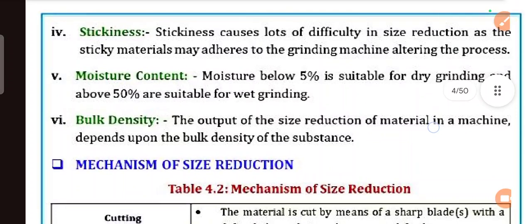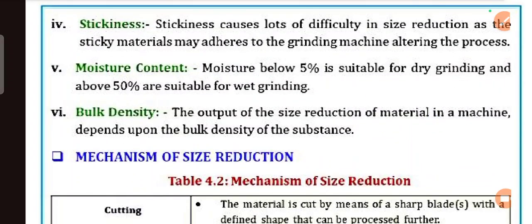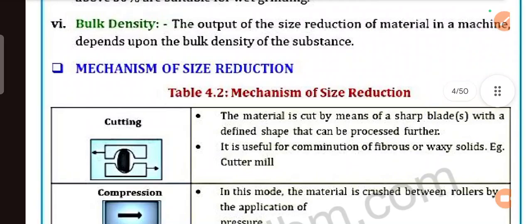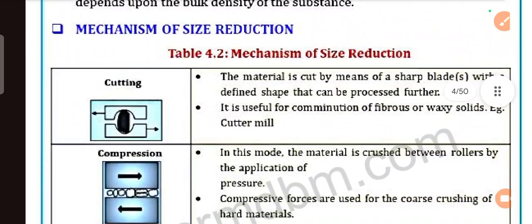Moisture content. Moisture below 5% is suitable for dry grinding and above 50% is suitable for wet grinding. Bulk density. The output of the size reduction of material in a machine depends upon the bulk density of the substance.